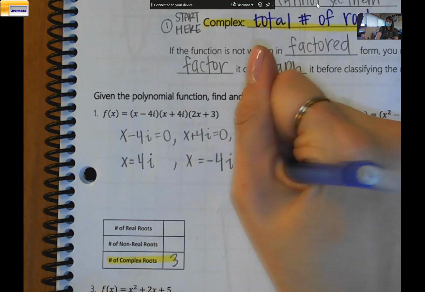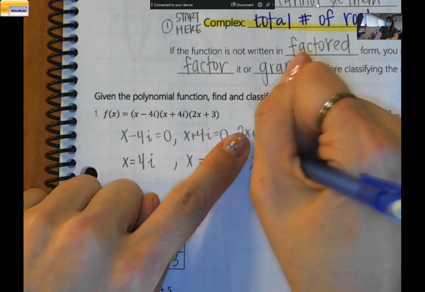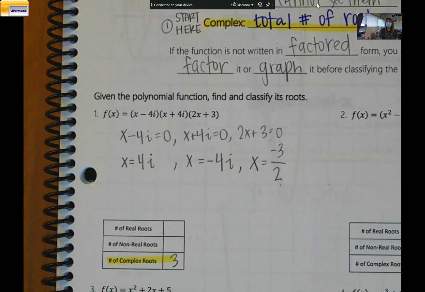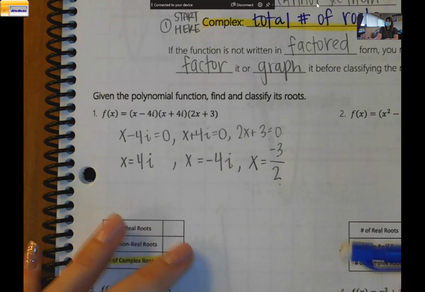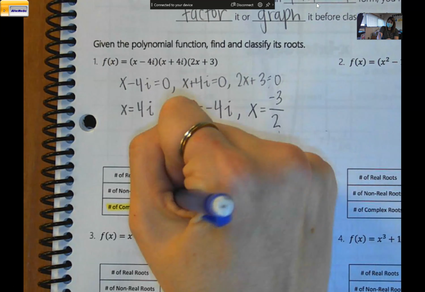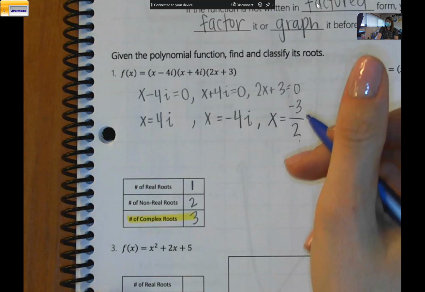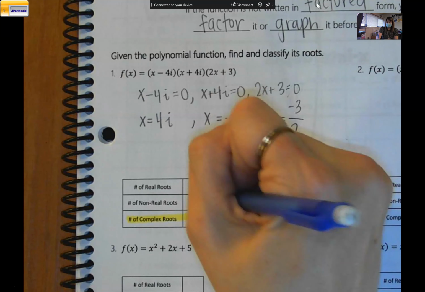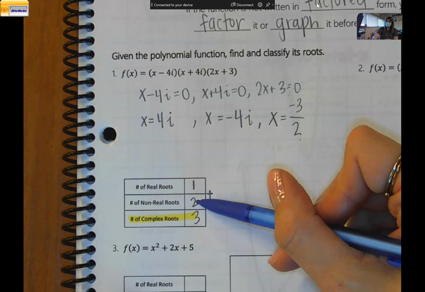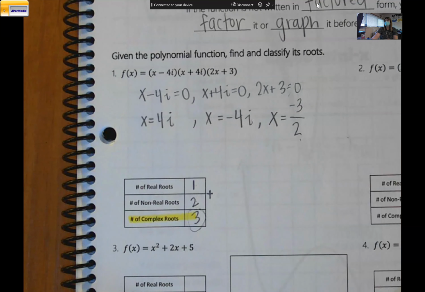Then our last one is negative 3 divided by 2. So you can just write negative 3 over 2 if you want. So one of these was real, 2 of them were non-real, for a total of 3 roots. You should be able to add these 2 things and get the number that you started with. Is this making a little bit of sense? Yeah. Are you sure? Okay.